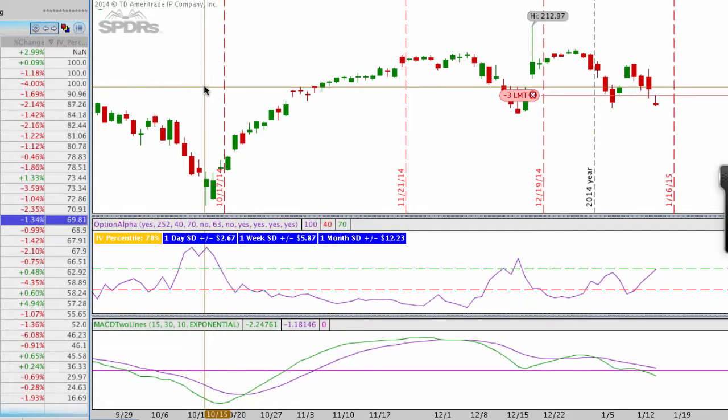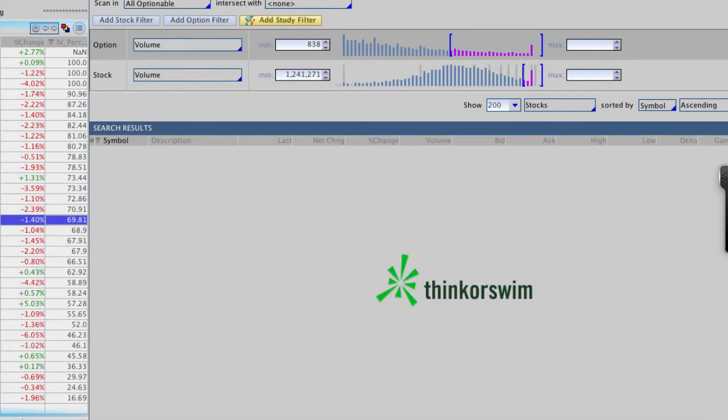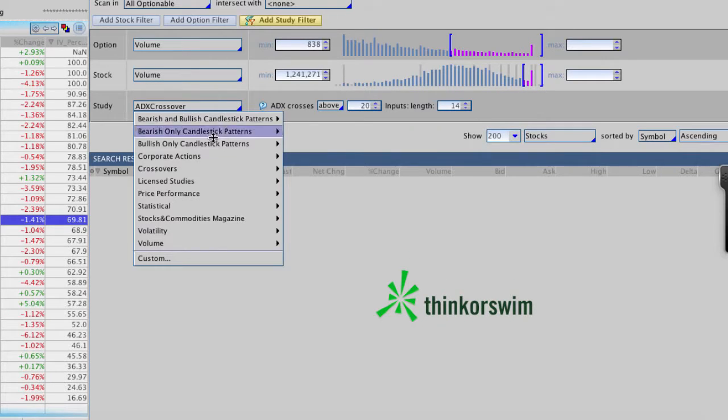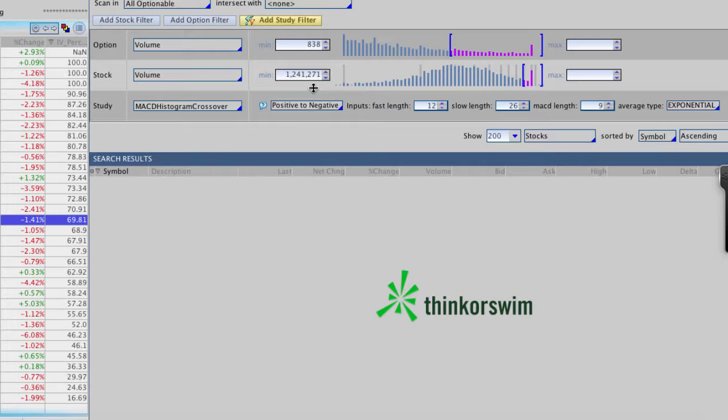There are other ways that you can scan for trades with technical analysis by using the scan tab inside thinkorswim. There's a really cool way that you can study filter things by different indicators. So for example, if you wanted to pull up all stocks that had, and if I just add that study indicator, a MACD crossover that was from negative to positive, then you could do that inside thinkorswim.